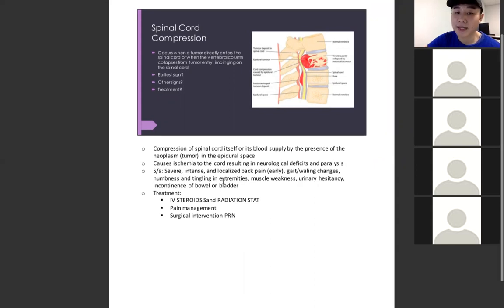Early signs are severe, intense, localized back pain, gait changes, numbness and tingling in the extremities, muscle weakness, urinary hesitancy, and incontinence of bowel or bladder. Treatment includes IV steroids, radiation stat, pain management, and surgical intervention PRN.